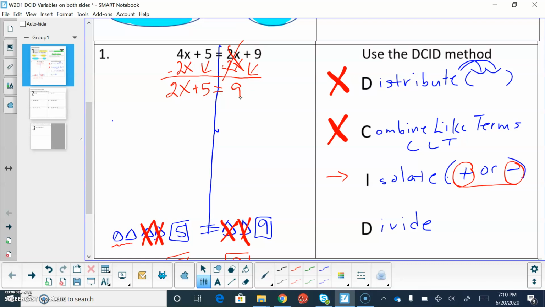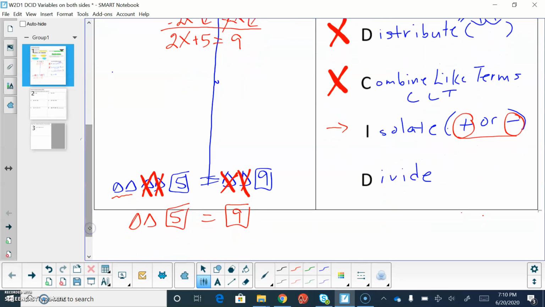Now, I don't have to put the plus sign in front of the 9, because as long as there's no symbol in front, it's understood to be positive. So I've just done my first isolation step. Now I'm going to go back to the sketching, and I can't take away x's or triangles anymore, but I can look at it and say, well, I've got cubes on both sides.